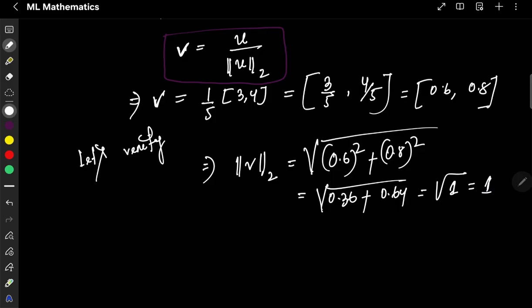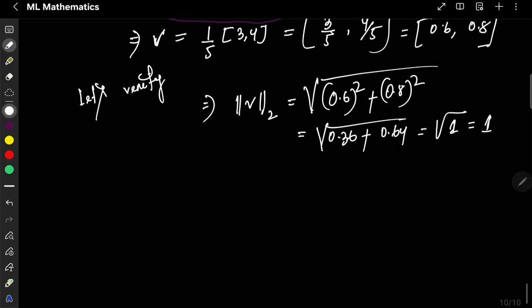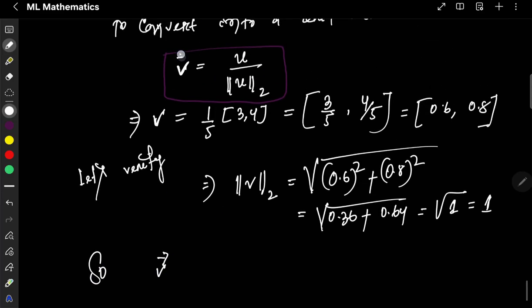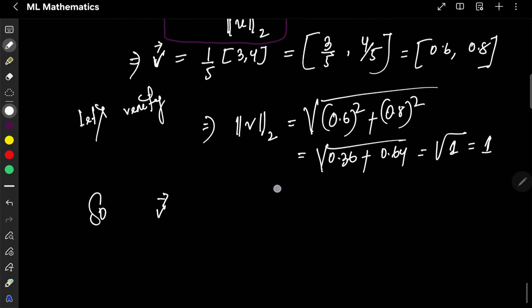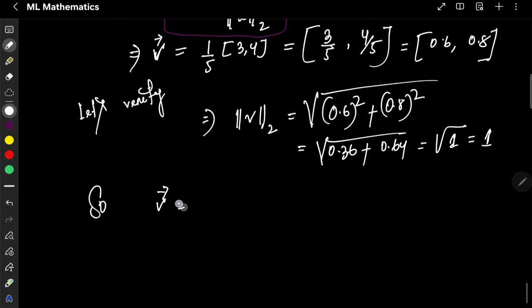Oh my god, what does that mean? That means v, a vector with values 0.6 and 0.8, is a unit vector.